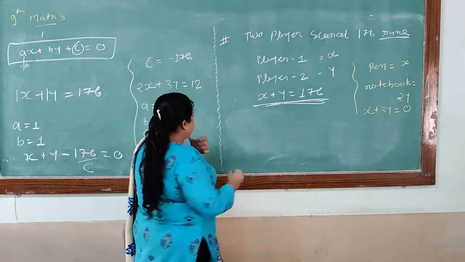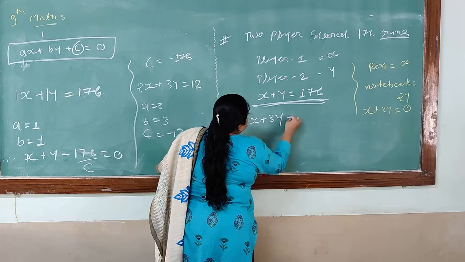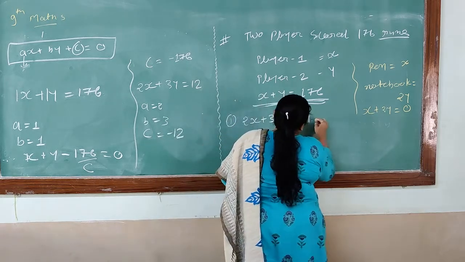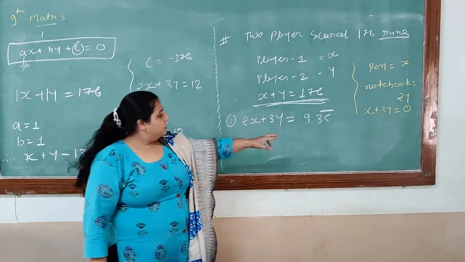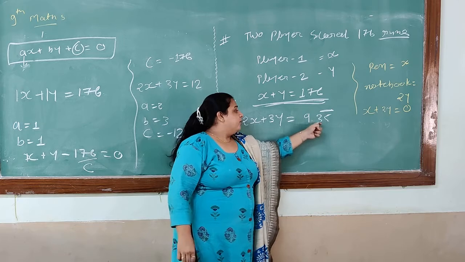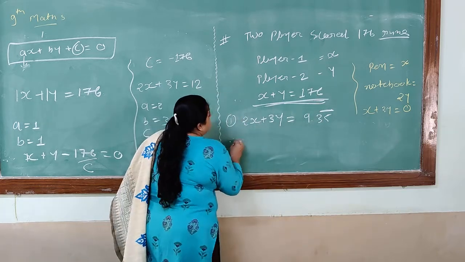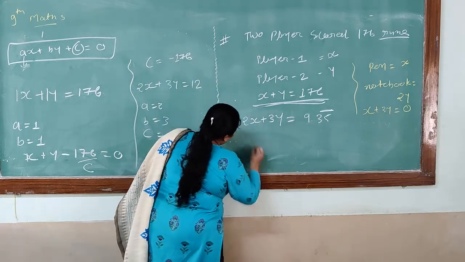So first is 2x plus 3y equals to 9.335 bar. Now let us convert in form of ax plus by plus c equals to 0.